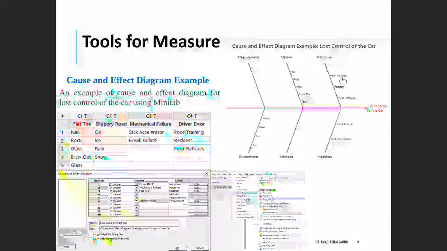In case you have sub-causes, as we were explaining for the poor training, then you will press on the sub here, and it will open the same window to you, and you have to have additional columns for poor training, and you list all the subs for the poor training, and you select them from here as you did for all these main causes.